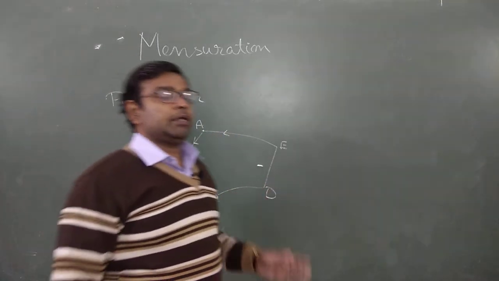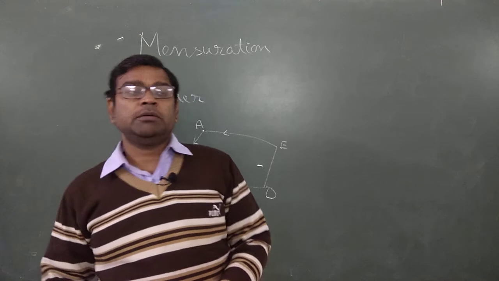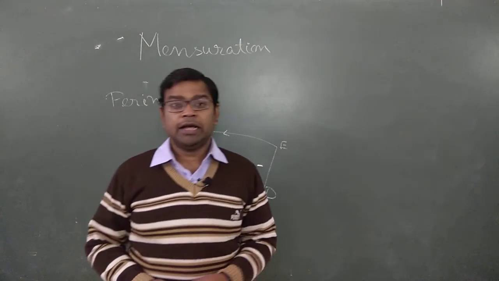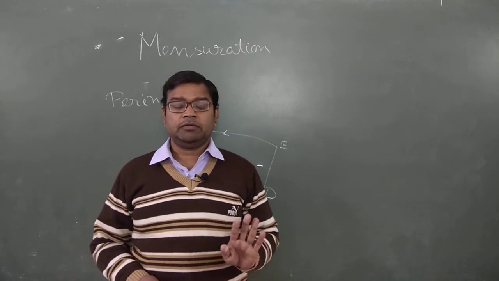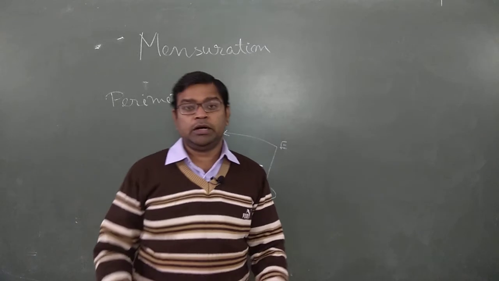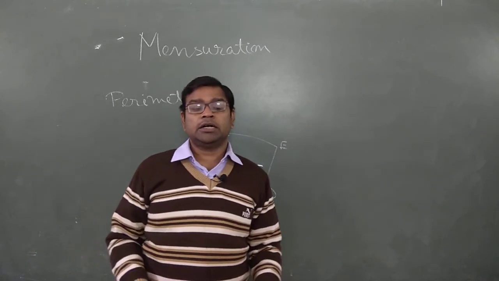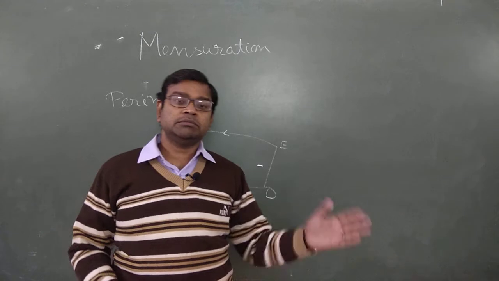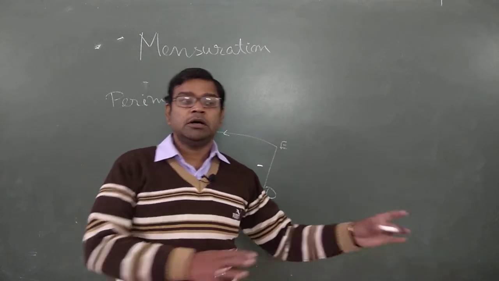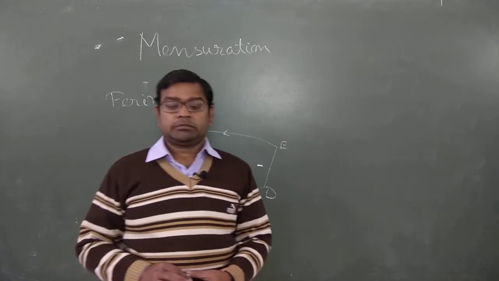Generally, in mathematics, first we discuss some figures having boundaries as straight lines. For example, rectangle, square, triangle, all these are polygons having some sides.